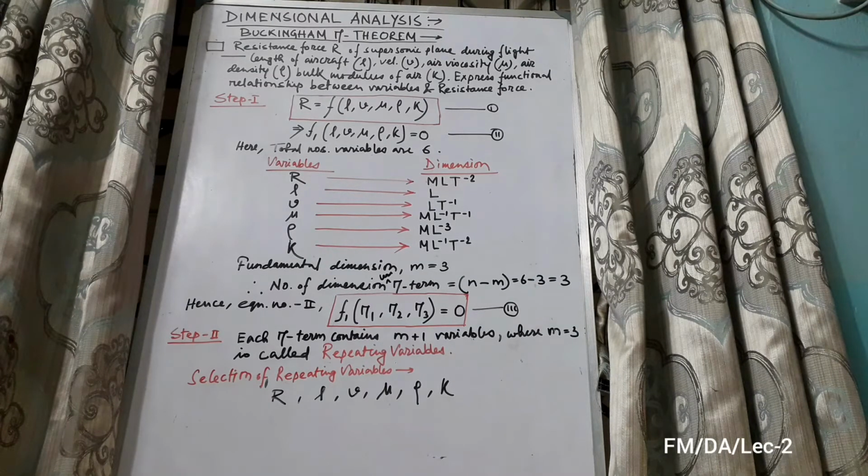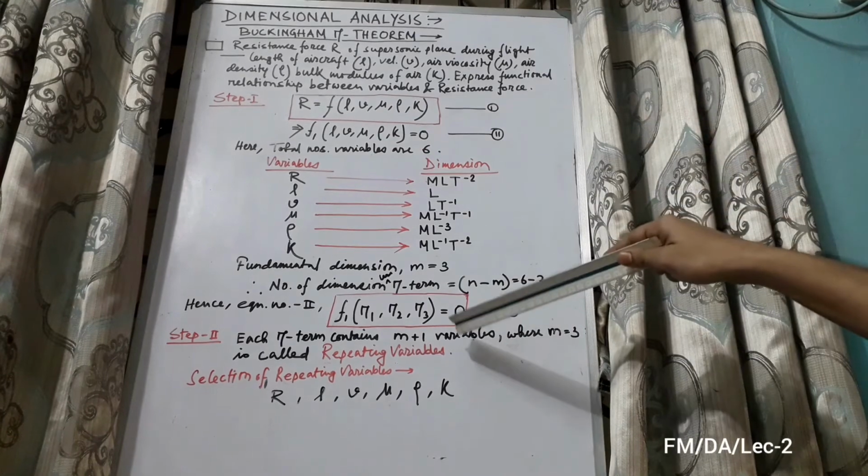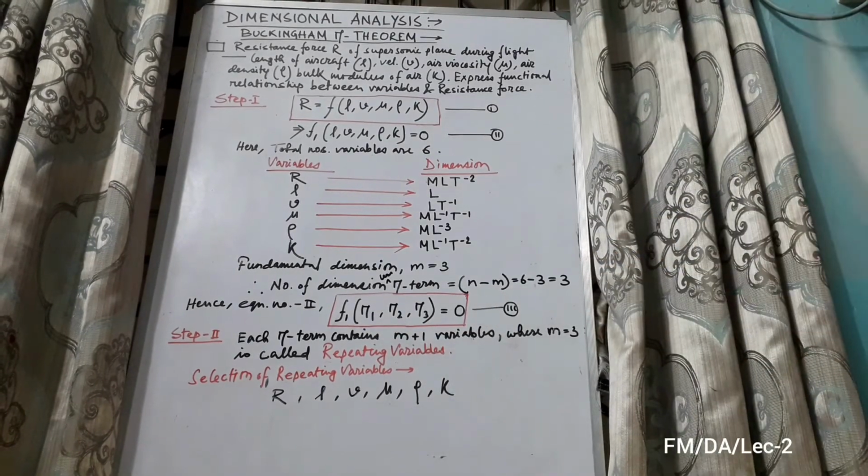Here n equals the total number of variables and m equals the number of fundamental dimensions. So the total number of dimensionless pi terms will be 6 minus 3, that is 3. Hence from equation number 2 we write pi 1, pi 2, pi 3. This is equation number 3.